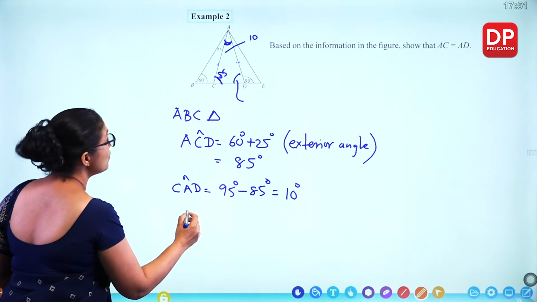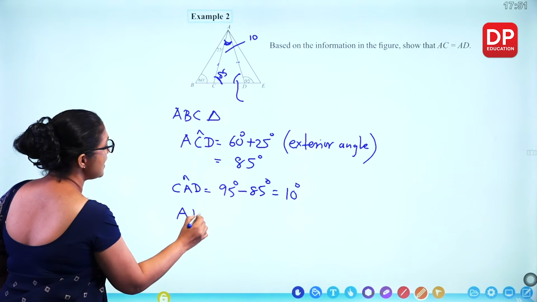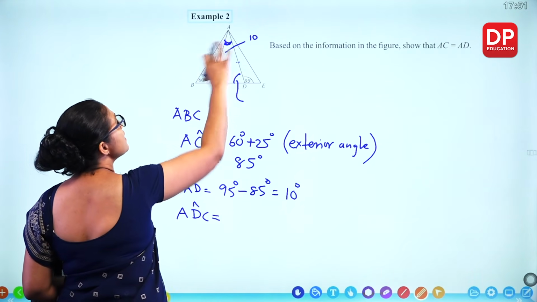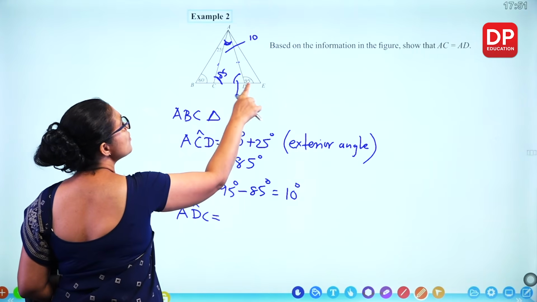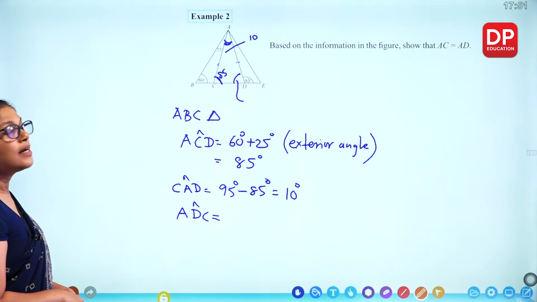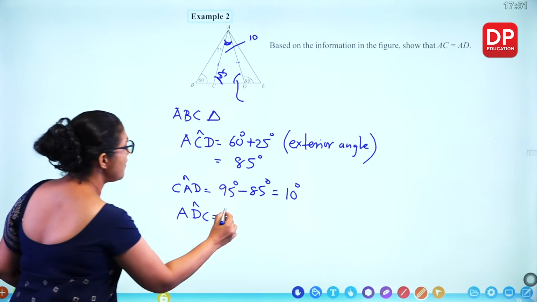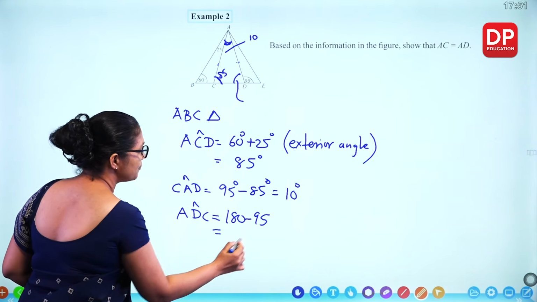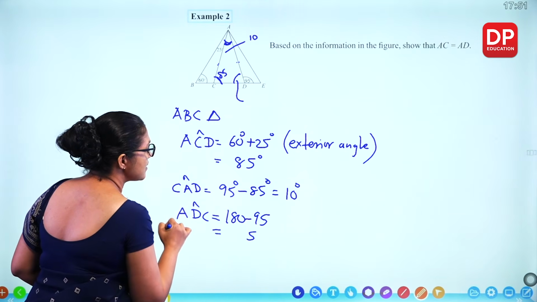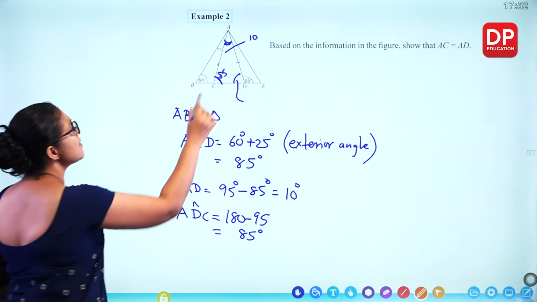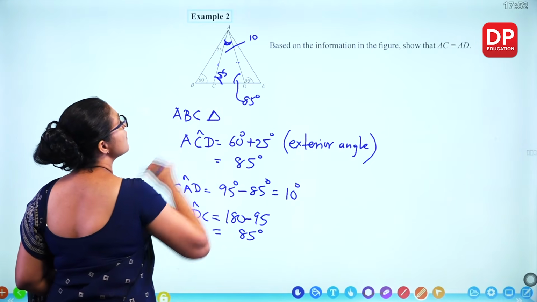You can do ADC angle is 180 minus these two, or can you see this is a straight angle? You can straight away subtract from 180. So 180 minus 95. So what's the value? You get 85. So you get this is also 85.